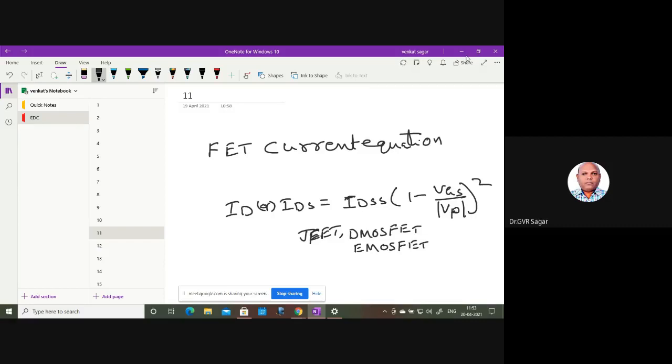Because if you go for a JFET, the VGS will become negative voltage. For DMOS, you can go for negative voltage as well as positive voltage. And based on the voltage applied, the drain current ID goes on changing, right? And EMOS also we have only the positive voltage.